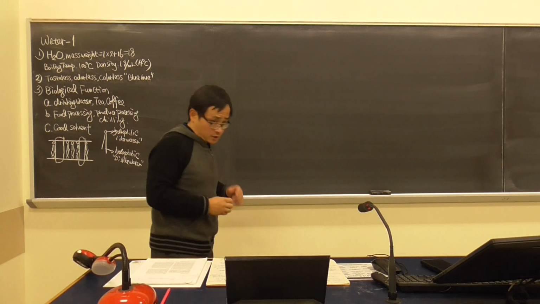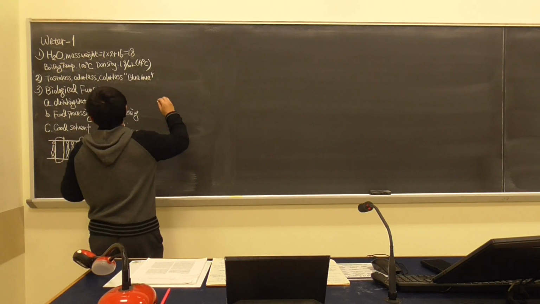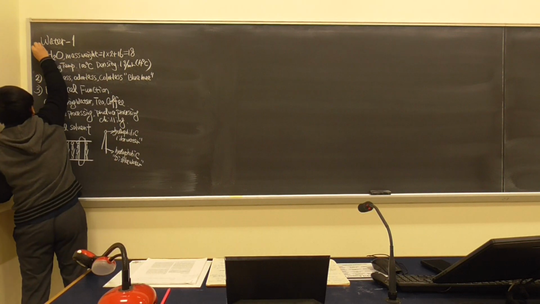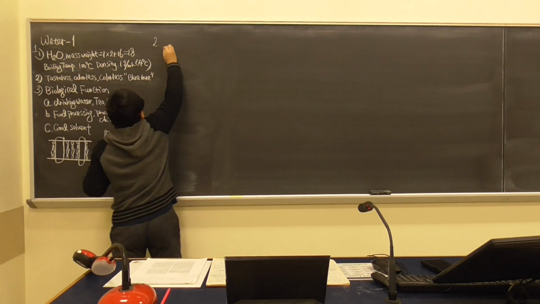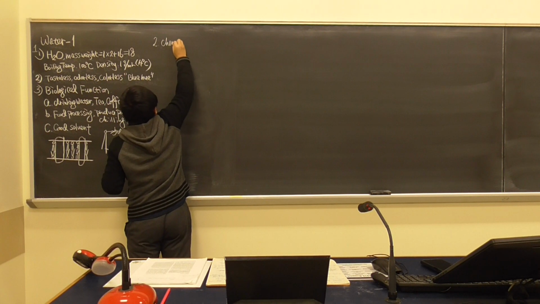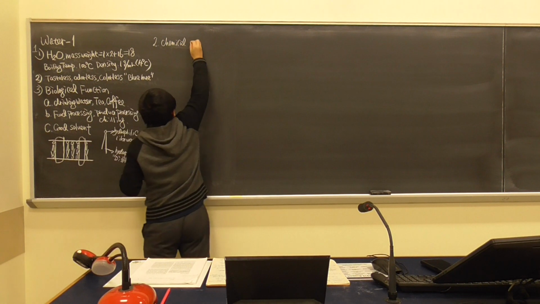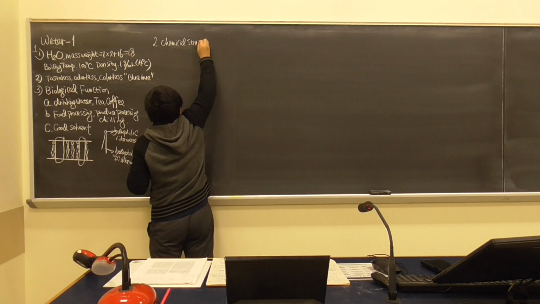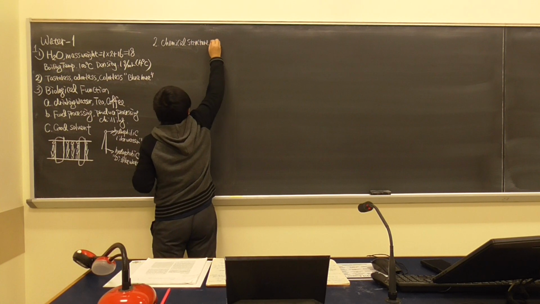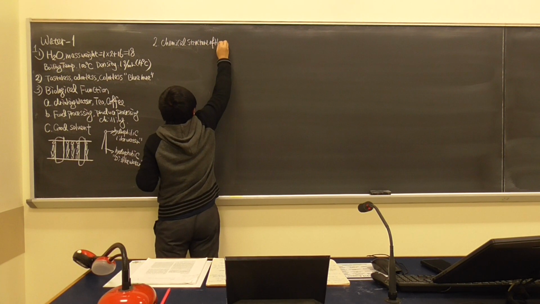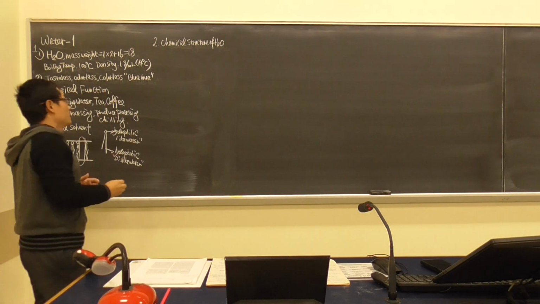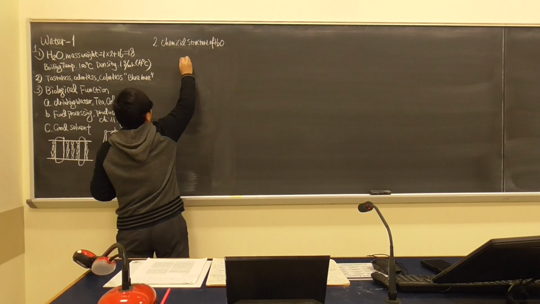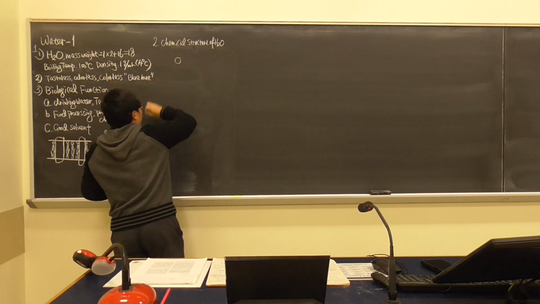Since it's a food chemistry class, we want to talk about the second thing. This is the first part, I would say. The second part, we want to talk about the chemical structure of water. And we mentioned it before, but here we're going into much more detail. So what does it look like?